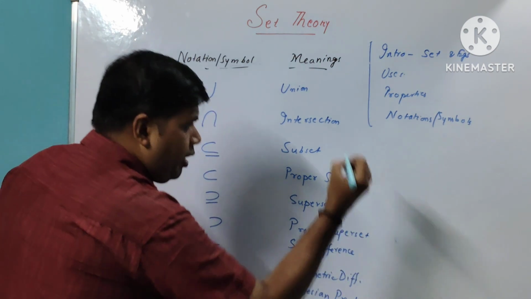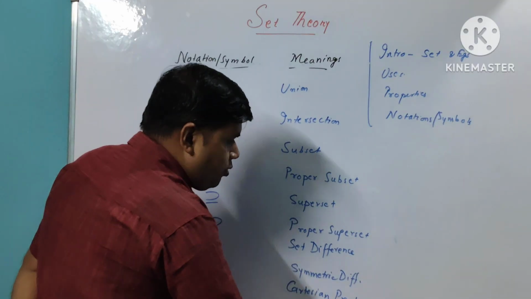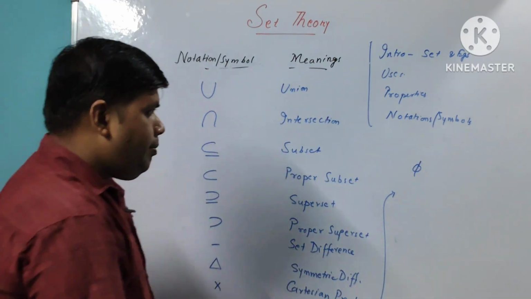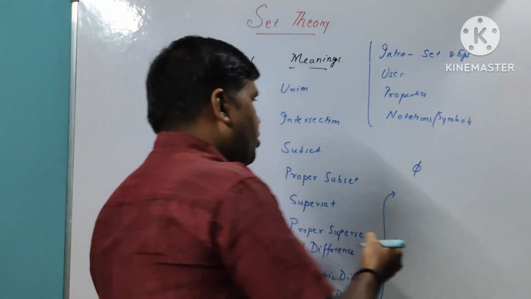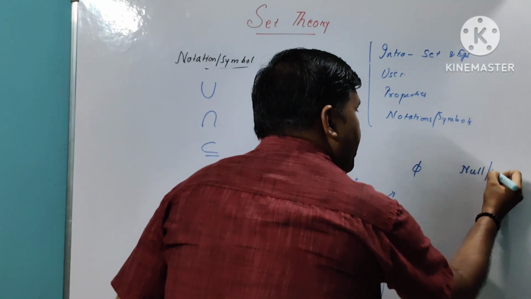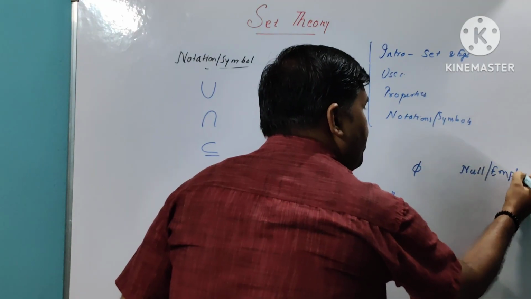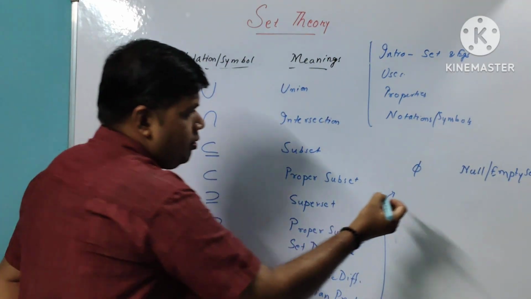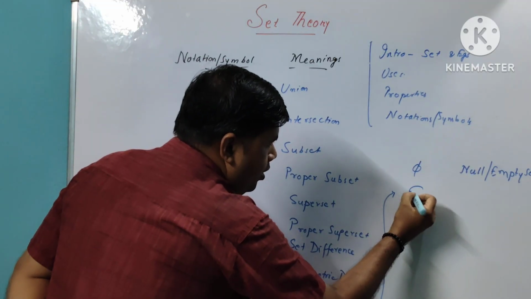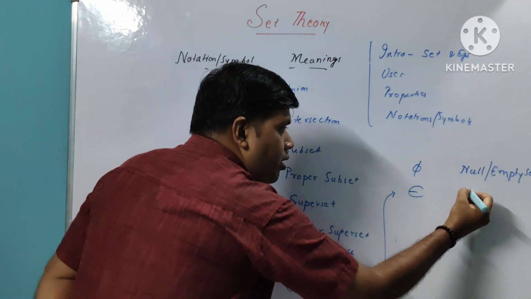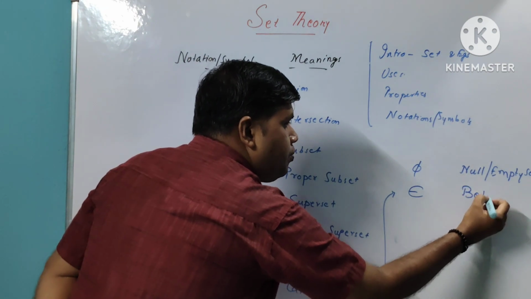Continuing, the next symbol, phi, is used to represent the null set or empty set. This is the epsilon symbol, which is used for representing belongs to.